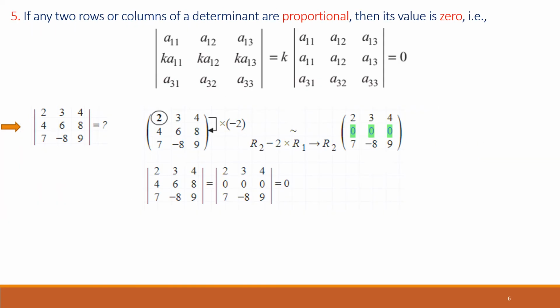Property 5. If any two rows or columns of a determinant are proportional, then its value is 0. This is the general form of property 5, and here we can see that row 2 is proportional to row 1 and the proportional element is k. Let's try to understand this with an example.